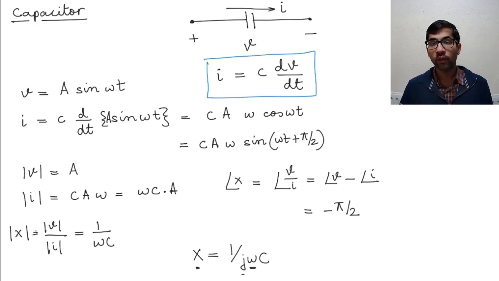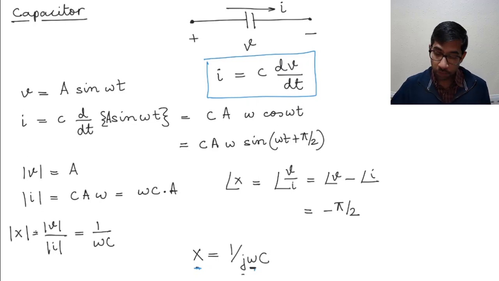Okay, now if omega is very very large, so let's say it's infinite, then what happens to x? What happens to x is it becomes zero. Omega is infinite, so x becomes equal to zero. And what is the current that will flow through the capacitor then? An infinite current.